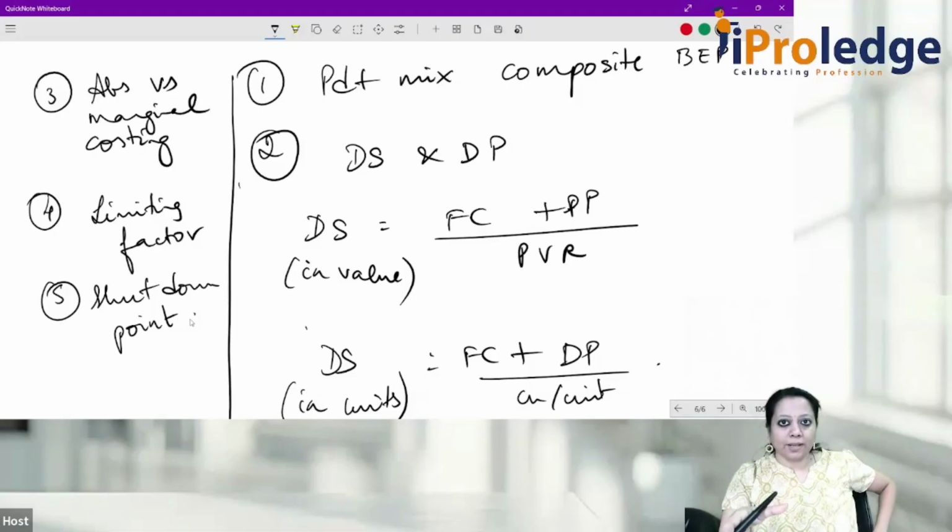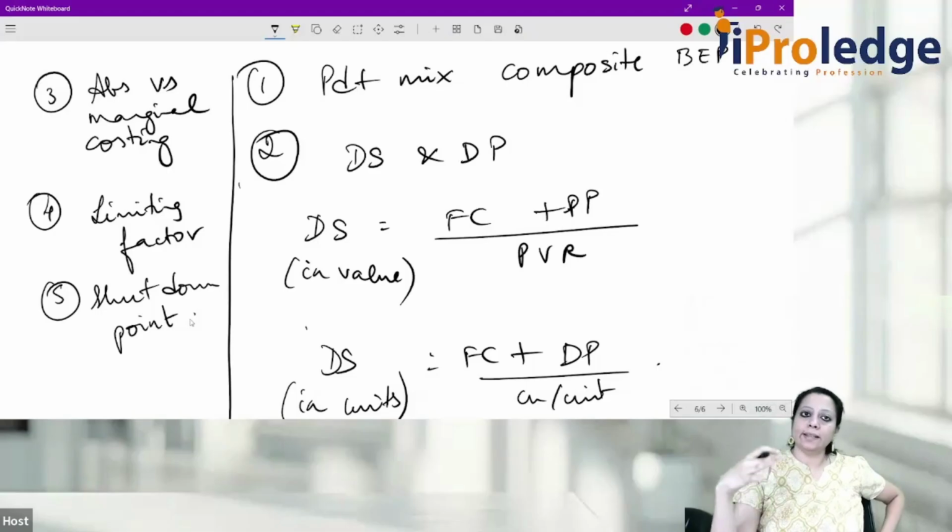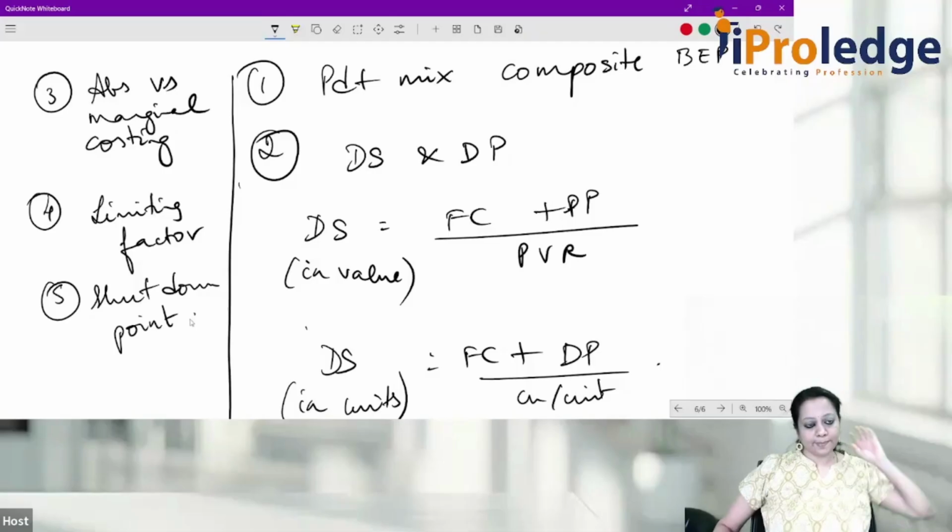Illustration question only from your textbook. Illustration or exercise? I don't remember. It's from your textbook only. So for limiting factor, that problem I have done in the regular lectures. You can go through that definitely. We have done multiple problems. I'm saying about that problem, which is a good example for limiting factor. Don't worry, it's there in our material. So you'll get it.